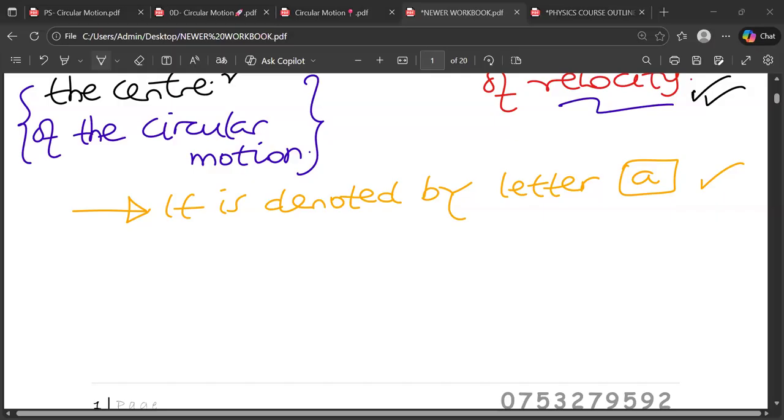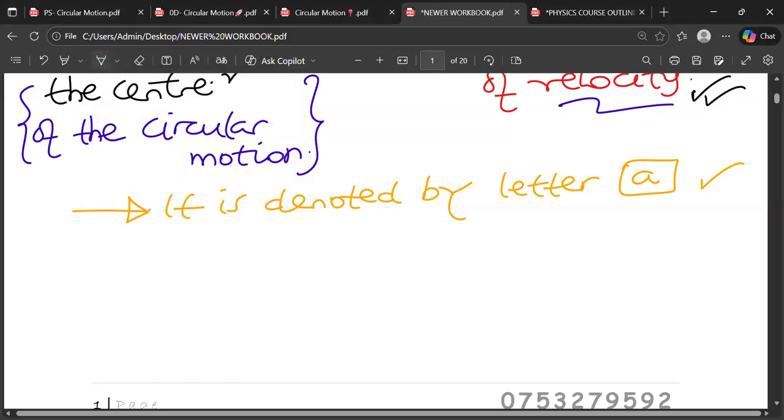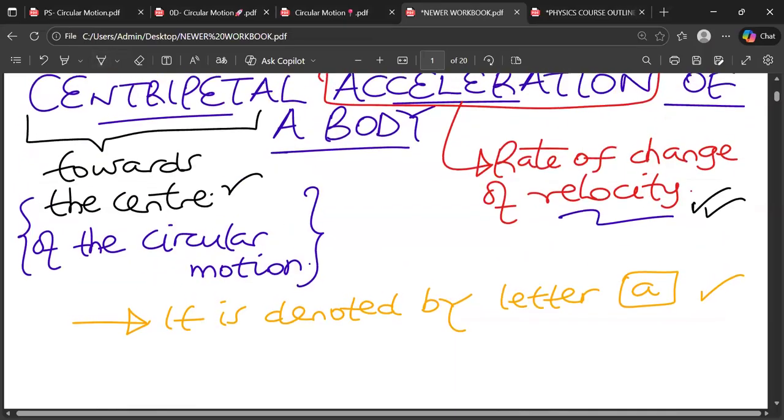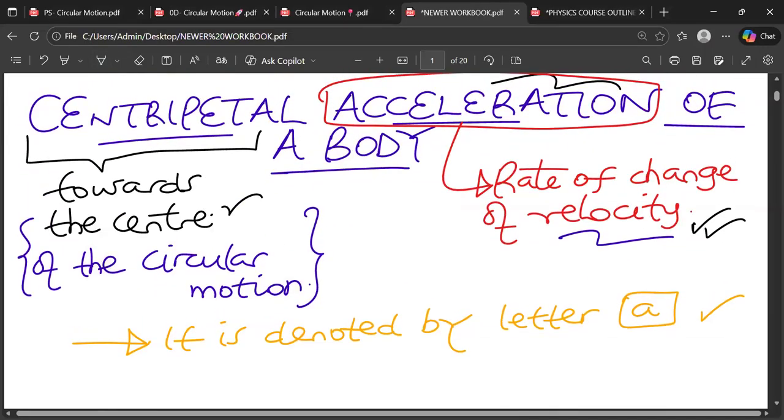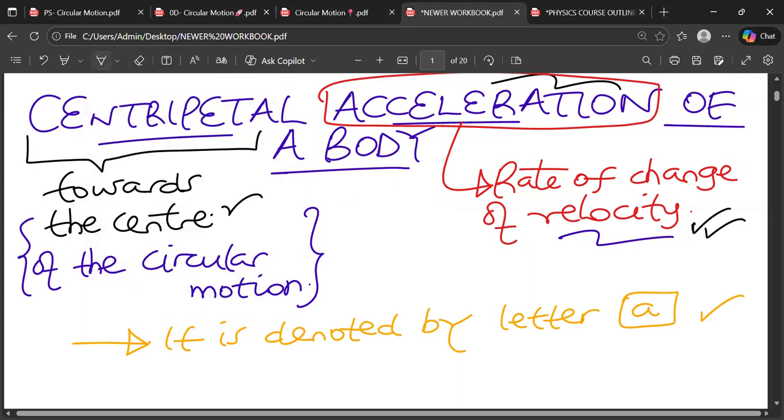Yes, Richie. My concern is about that definition there. Is it the rate of change of the linear velocity over the angular velocity? Oh, of course. Can you tell me the unit of acceleration? They are meters per second squared.